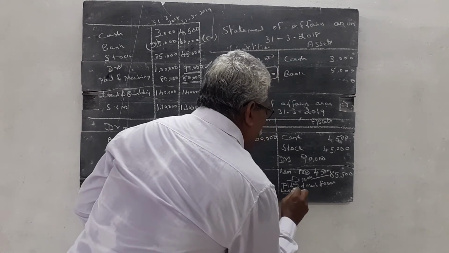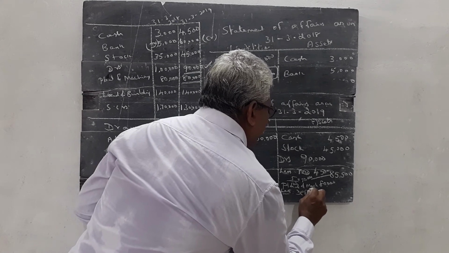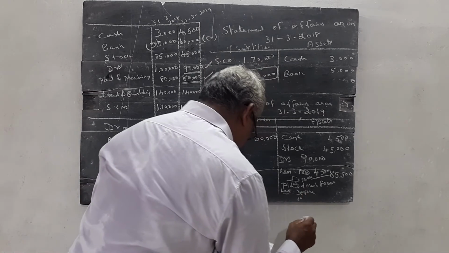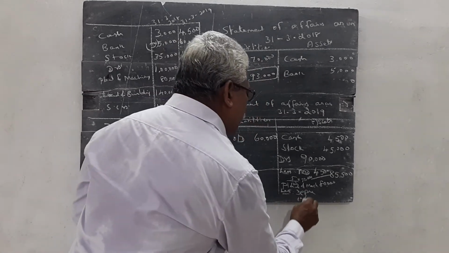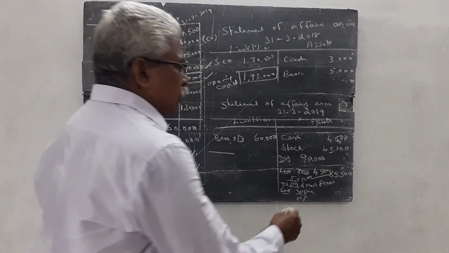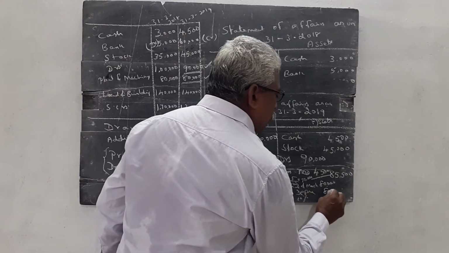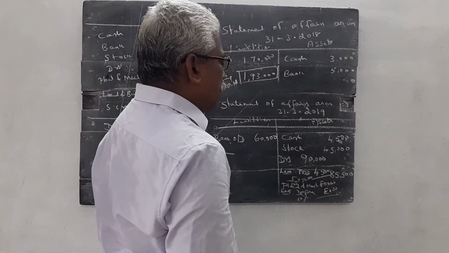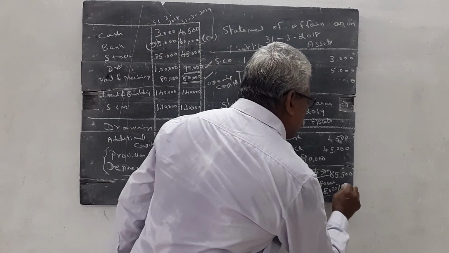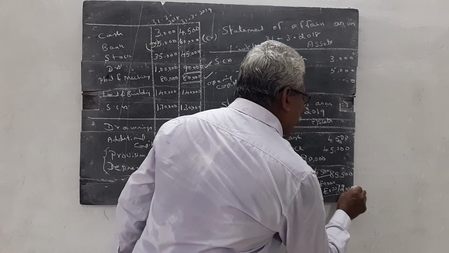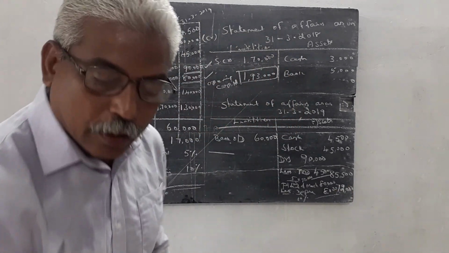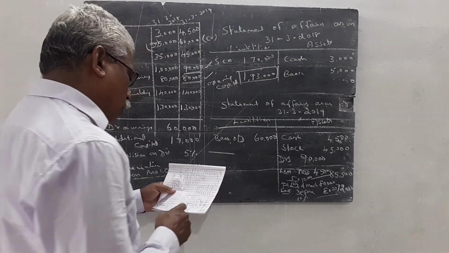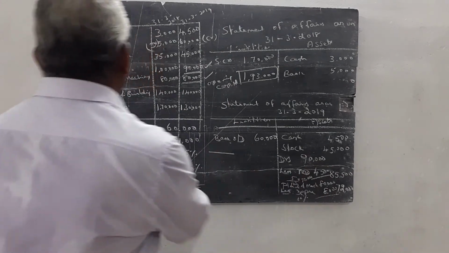Less depreciation 10%. 10% of 80,000 is equal to 8,000 rupees. 80,000 minus 8,000 is equal to 72,000 rupees. Then 72,000 is entered here.